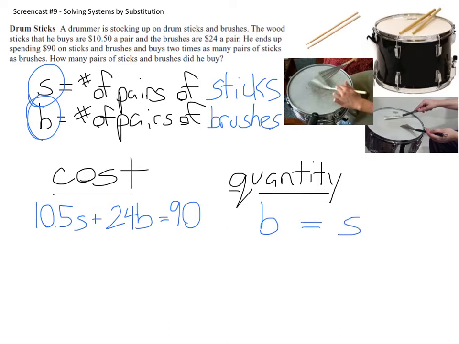Now we know that's not entirely true. We need to modify one of these terms, one of these variables, either the B or the S, to represent that one is double the amount of the other. Now, which one is double? Now we know doubling the amount is the same as 2 times as many.